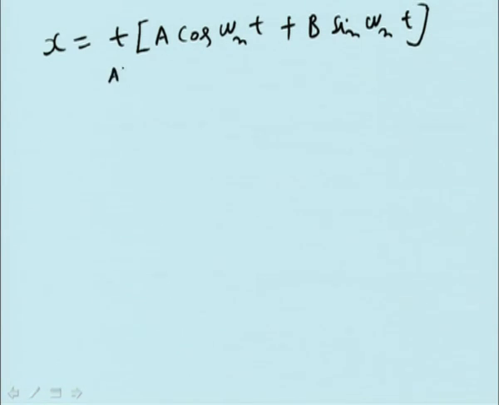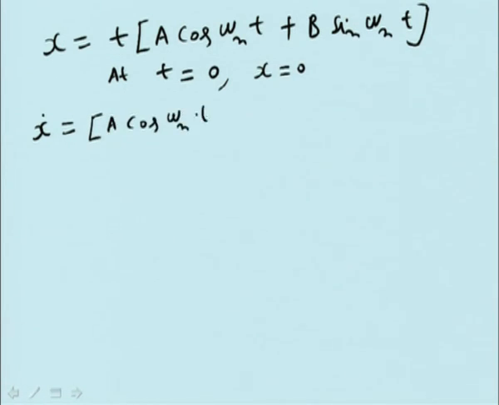Now at t is equal to 0, x is equal to 0. Now let us see x dot is equal to A cos omega n t plus B sin omega n t.